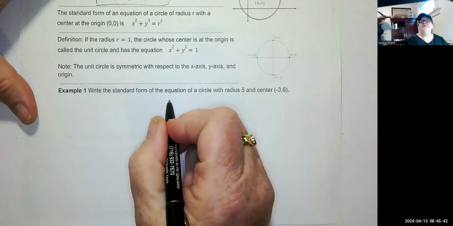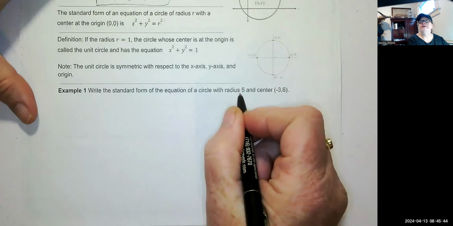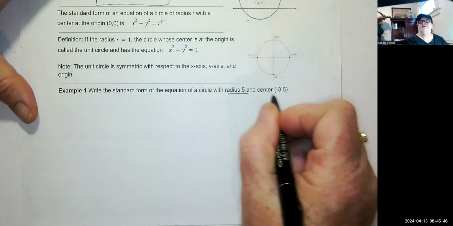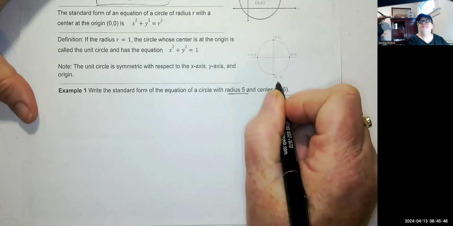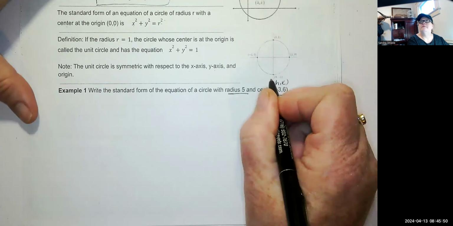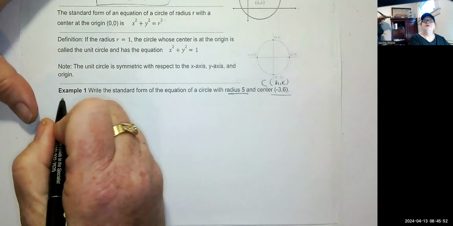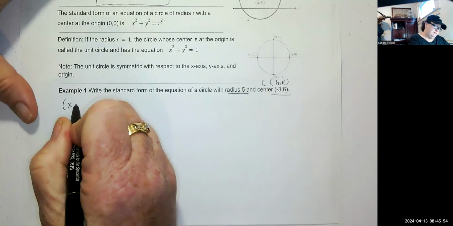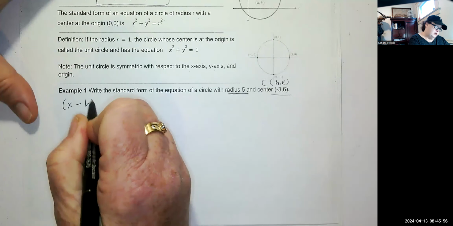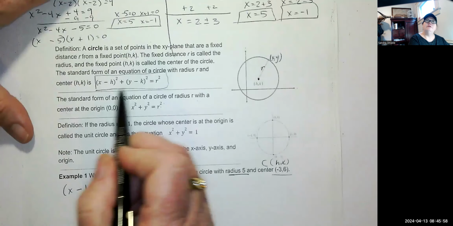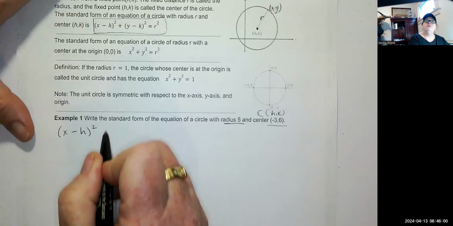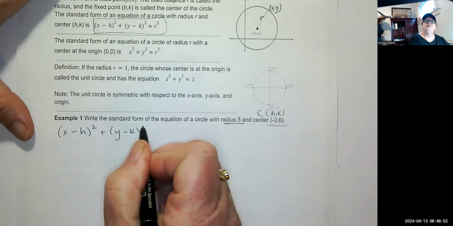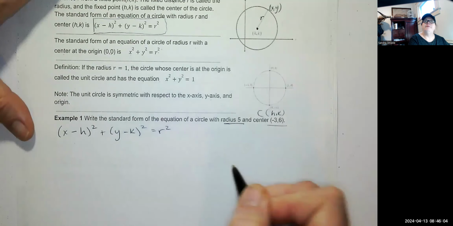Write the standard form of the equation of a circle with a radius of 5 and the center at -3, 6. Remember, this is our h and k, our center. So that's just x minus h squared plus y minus k squared is equal to r squared.